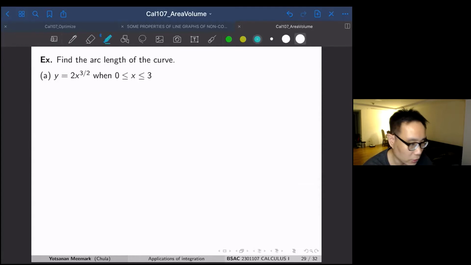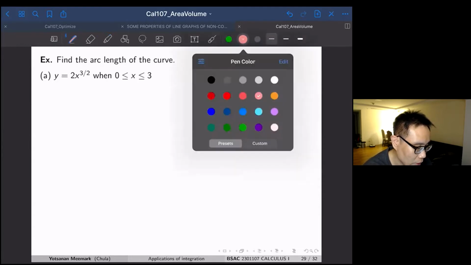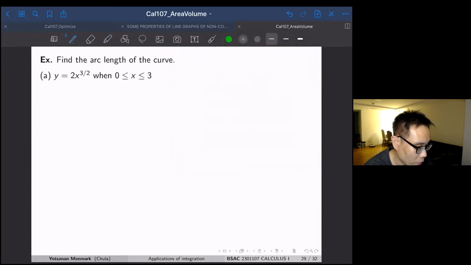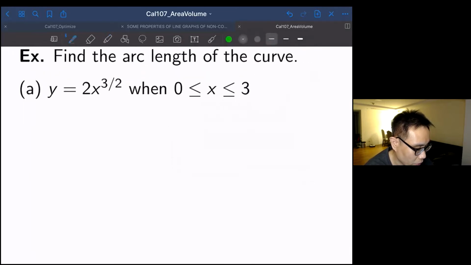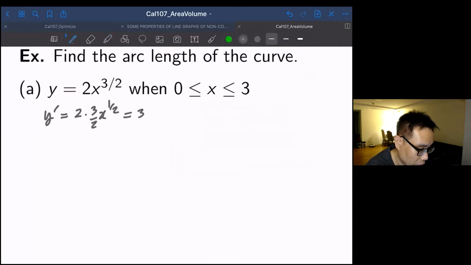You first have to set up the integral. So you have y prime. Y prime in this case is going to be 2 times 3/2 x to the 1/2. So this turned out to be 3 root x. So you have y prime equal to 3 root x.